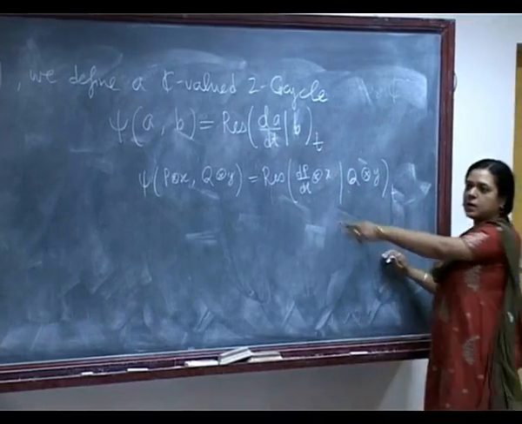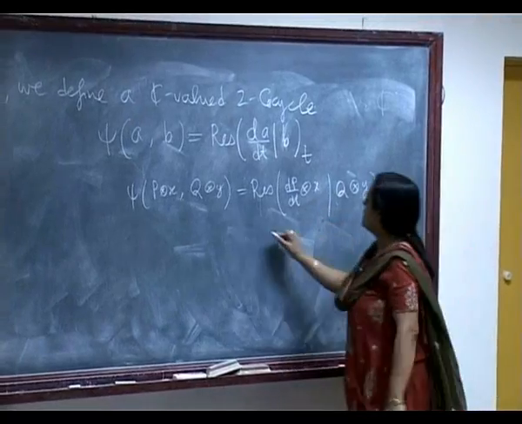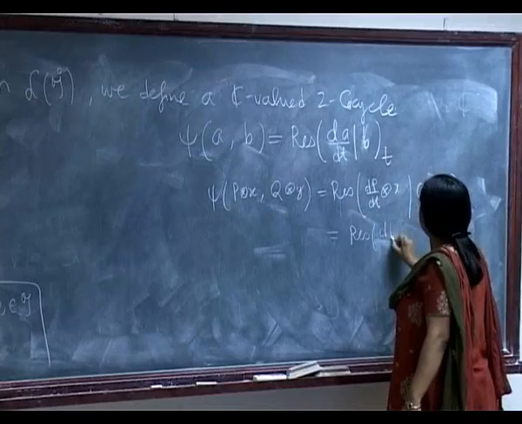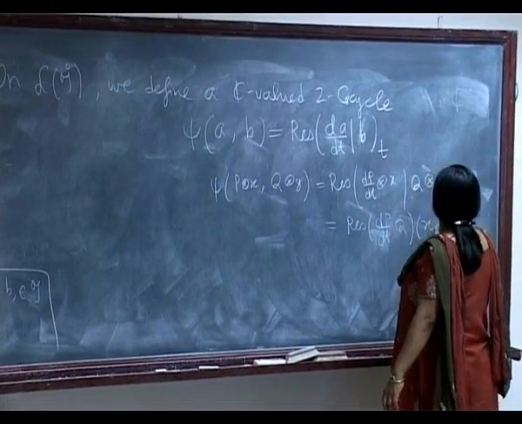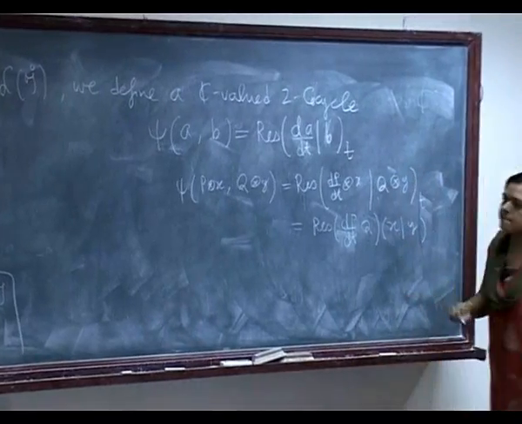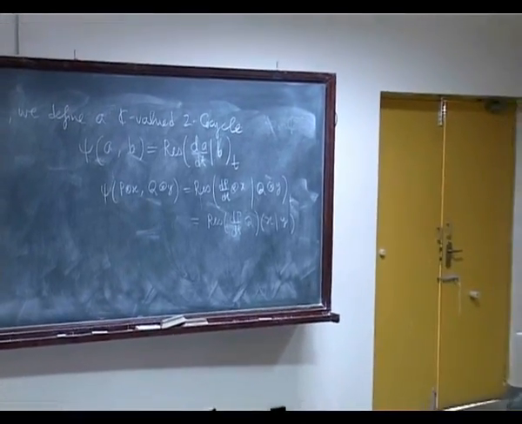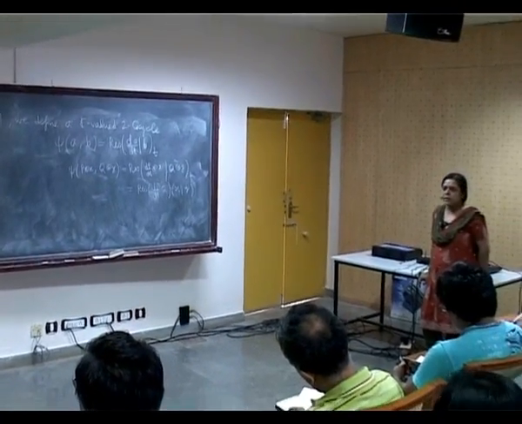And if we are considering our this bilinear form, so this is just residue of dP upon dt Q times X bracket Y. Okay.